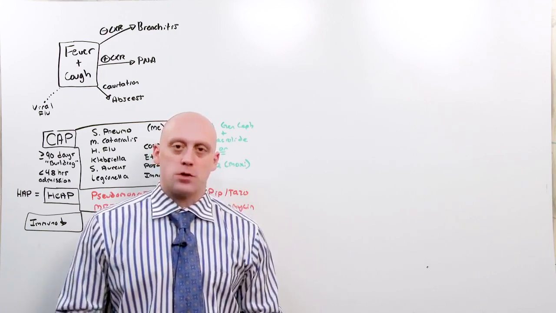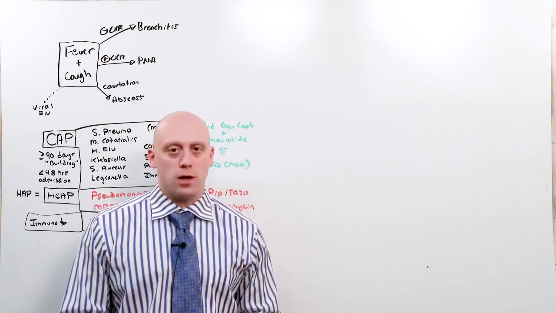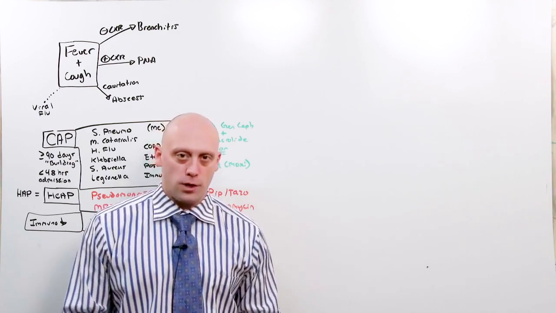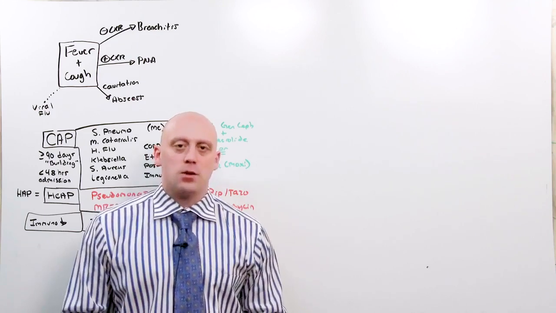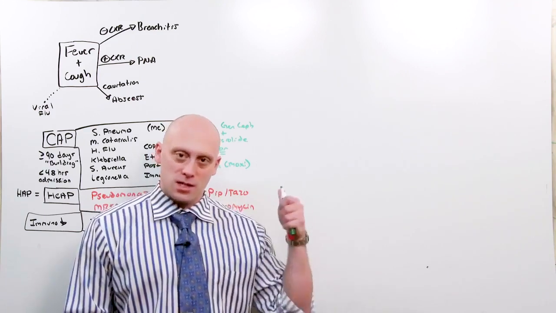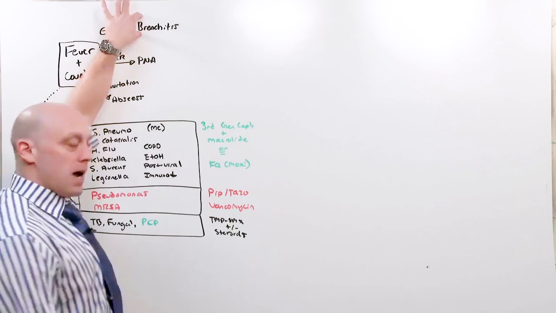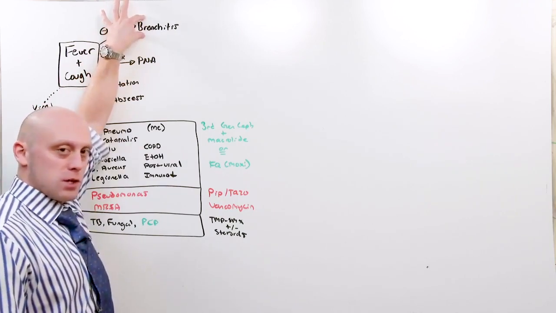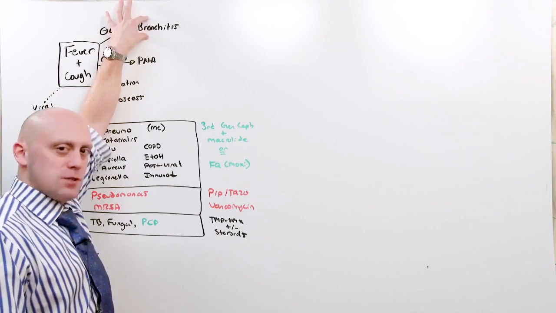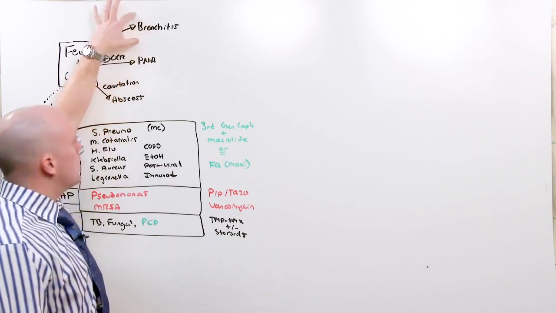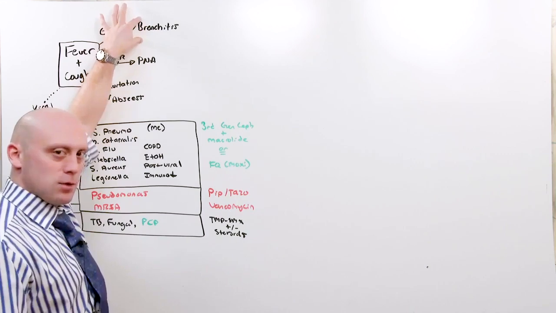Nothing in the history, physical, or chest x-ray tells you the underlying microbiologic organism. Instead, what I'd like you to do is consider this framework. The person who's not that bad, who doesn't have a consolidation on their chest x-ray, but still has a fever and a cough, probably has bronchitis, not an atypical pneumonia.